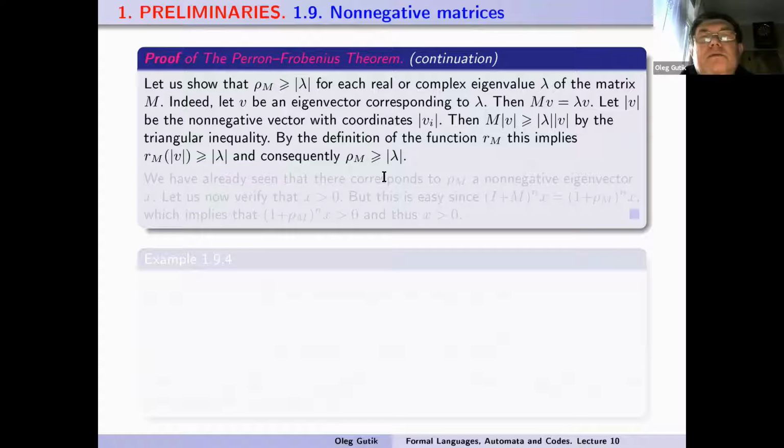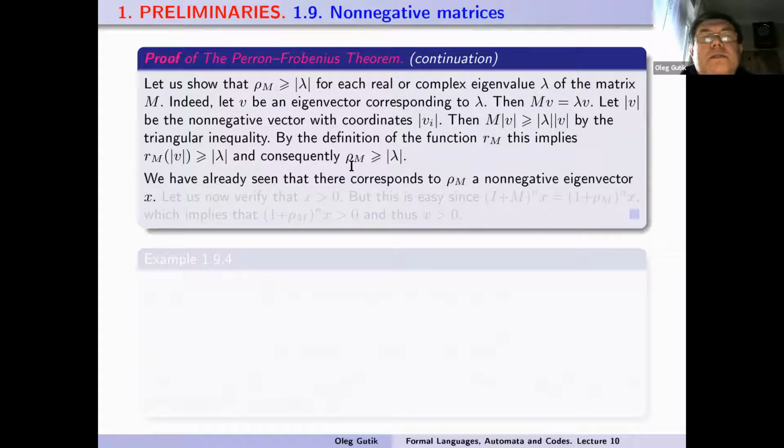By the definition of the function rho M, this implies that rho M of |V| is greater than or equal to |lambda|, and consequently we get that rho M is greater than or equal to |lambda|.